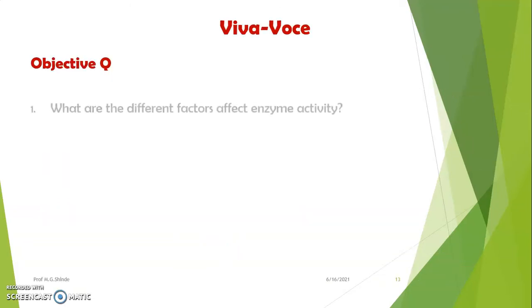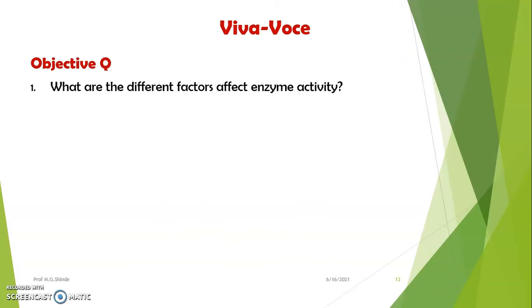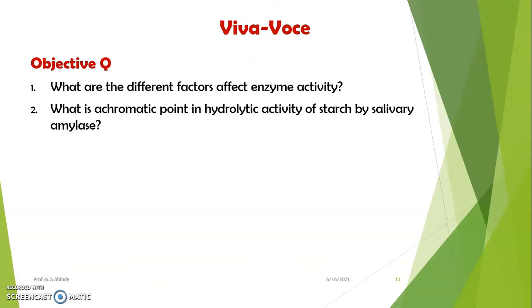Now we will see some objective questions. What are the different factors that affect enzyme activity? Factors like temperature, pH, and substrate concentration can affect the enzyme activity. Next, what is the achromic point in hydrolytic activity of starch by salivary amylase?